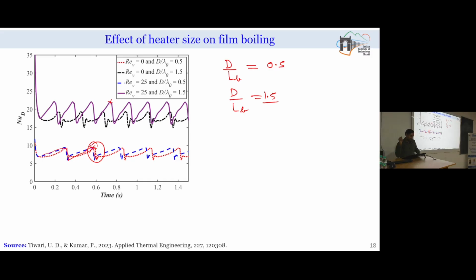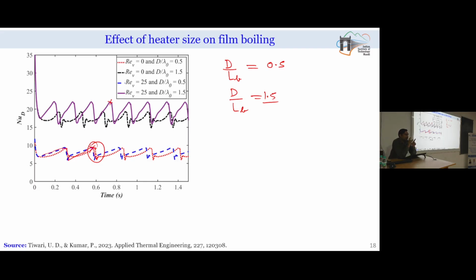Another interesting feature: because we are not changing the fluid combination, the vapor volume will depart at almost the same diameter. And if the heater surface is large, then the vapor influx will be more for the larger diameter case in comparison to the smaller diameter case.